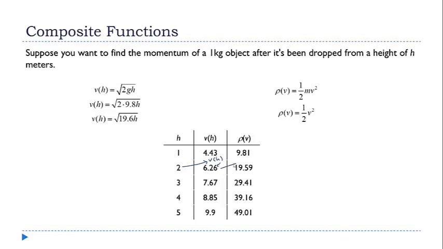We take this velocity number, substitute it into the momentum formula, and I get the momentum. So we're doing this over and over again. If I want for a height of 3, that gives me a velocity of 7.67 meters per second. Put that into the momentum formula, and we get 29.41.